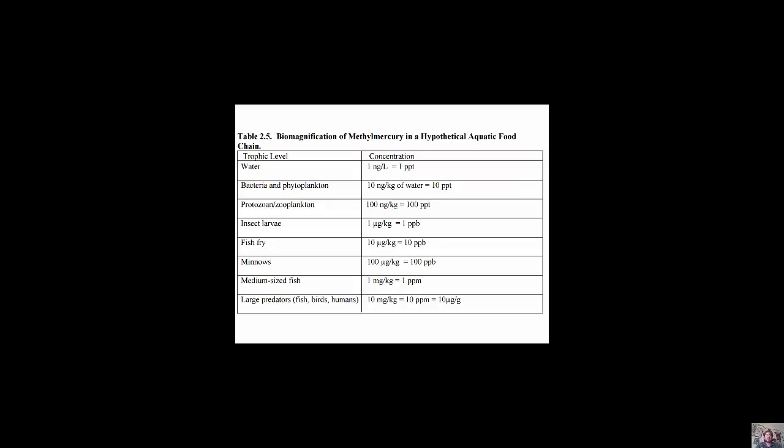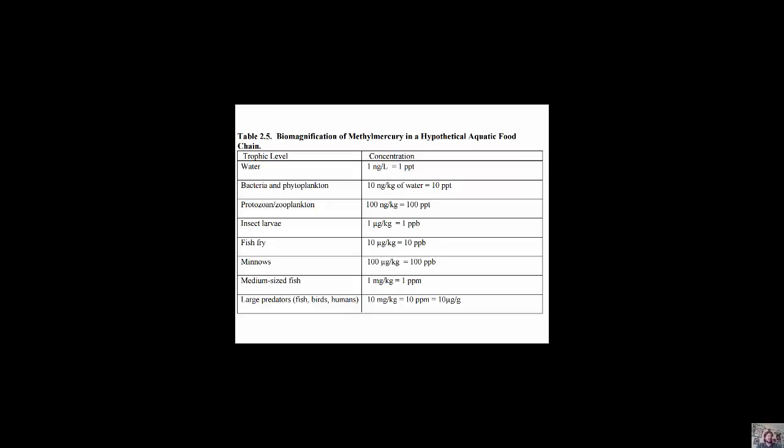And then you get onto insect larvae, fish fry, minnows. By the time we get to medium-sized fish, we're down to parts per million. And then in large predators like fish, birds, and humans, you get 10 parts per million of mercury concentration in their tissues. So biomagnification is awful.